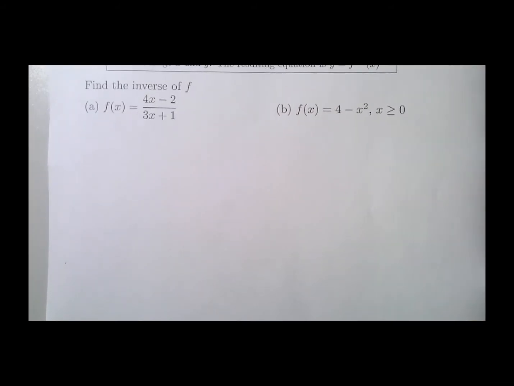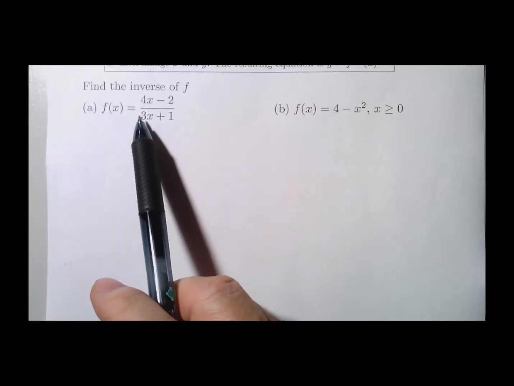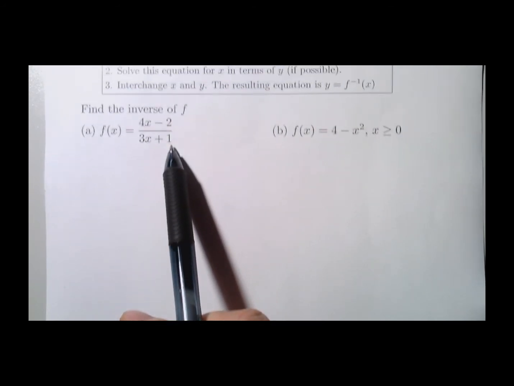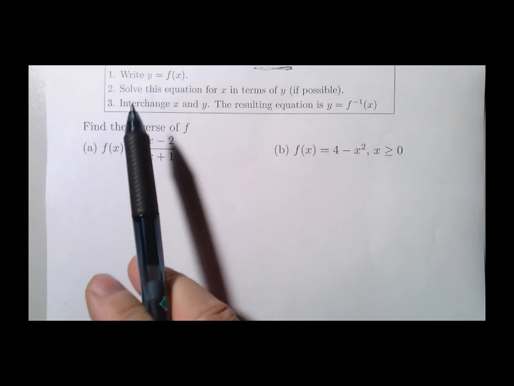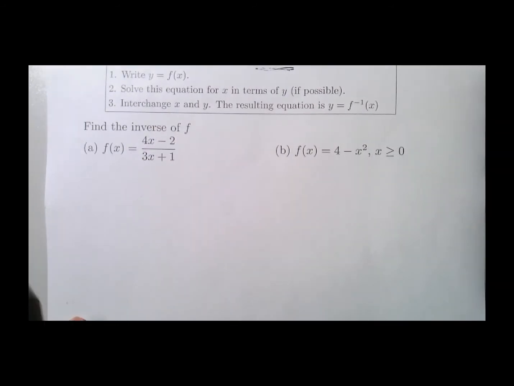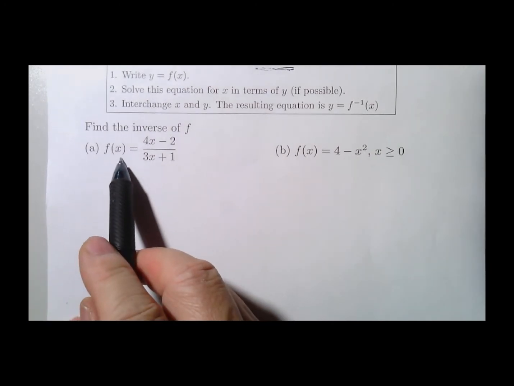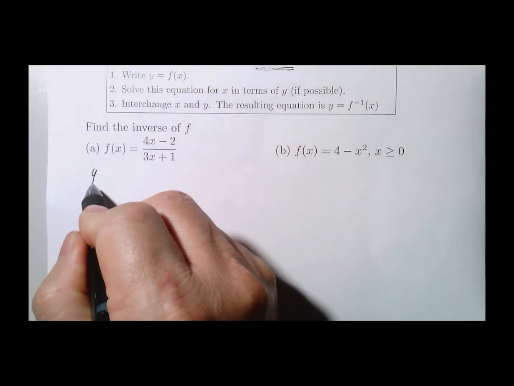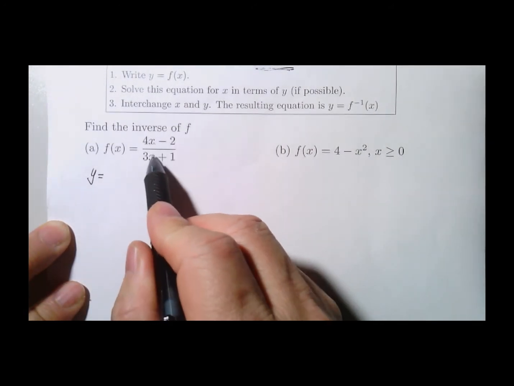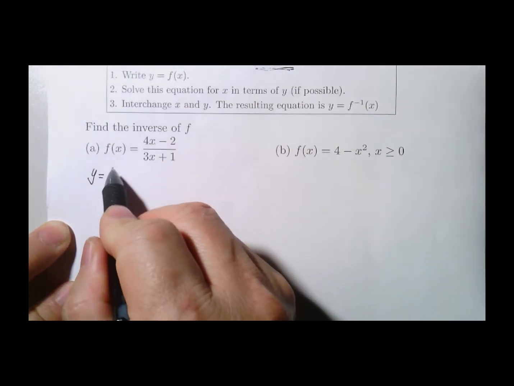First example, f(x) equals (4x minus 2) divided by (3x plus 1). Remember, we follow the three steps. First, we rewrite this as y equals f(x), which is (4x minus 2) divided by (3x plus 1).